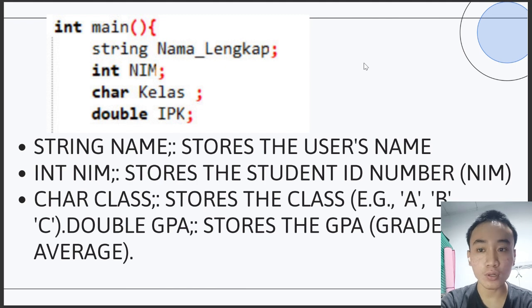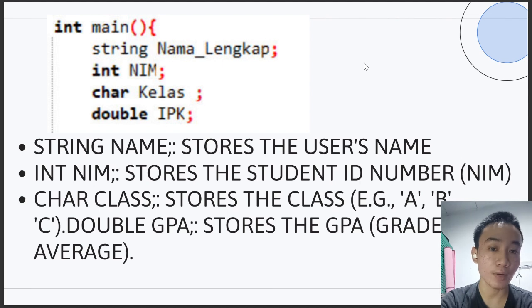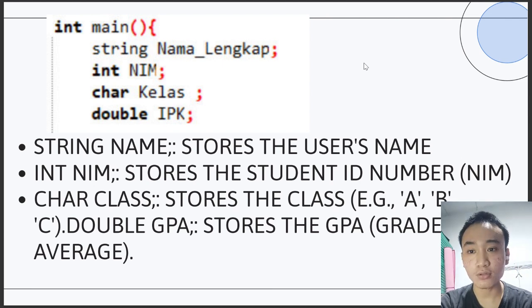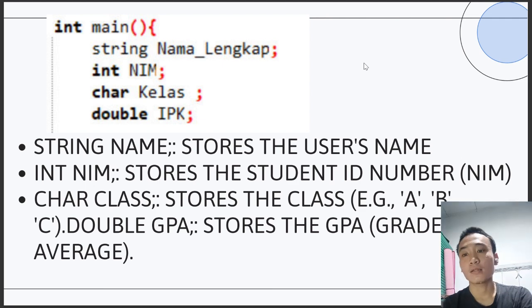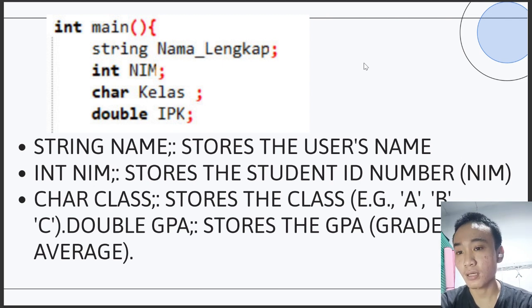String name stores the user name as text, int NIM stores the student ID number, char class stores a single character representing the user class, and double GPA stores the GPA as a decimal number.